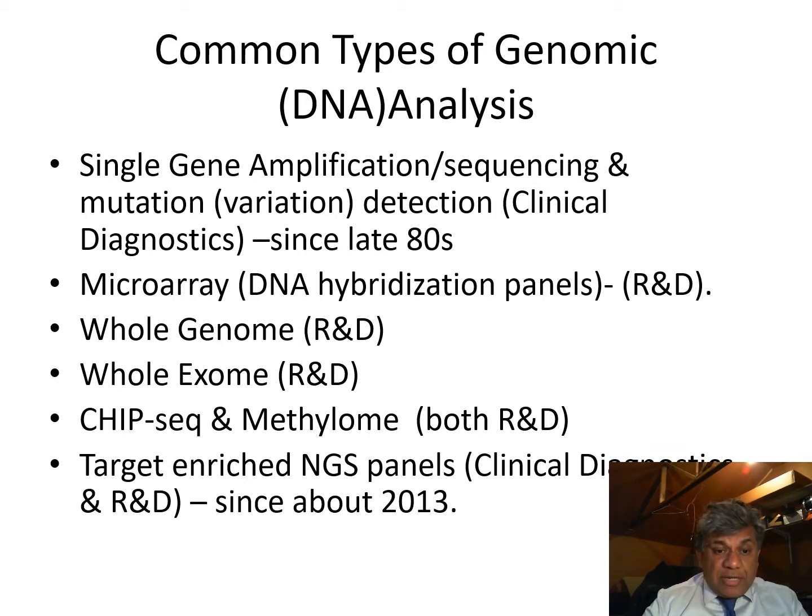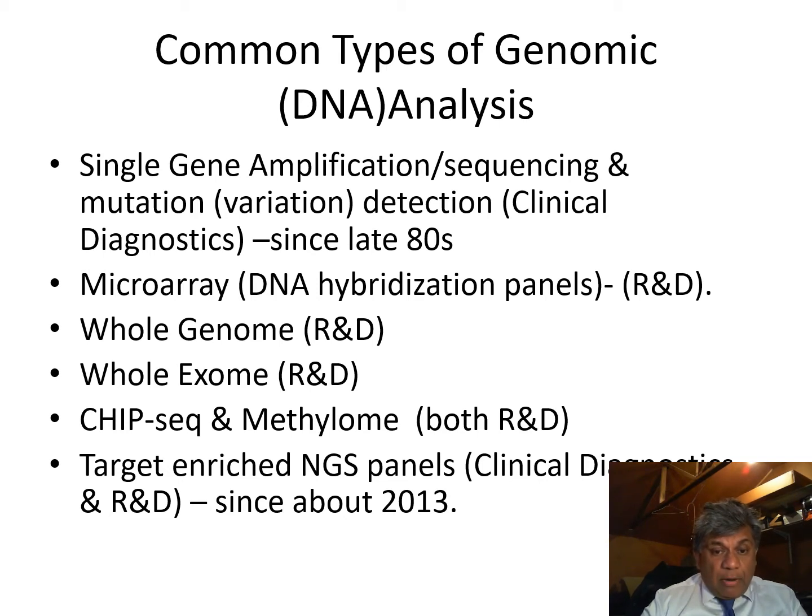The turn of the century saw the beginning of microarray based DNA hybridization panels, which was largely used in R&D settings to try and work out diagnostic tests which basically went back to single gene amplification.